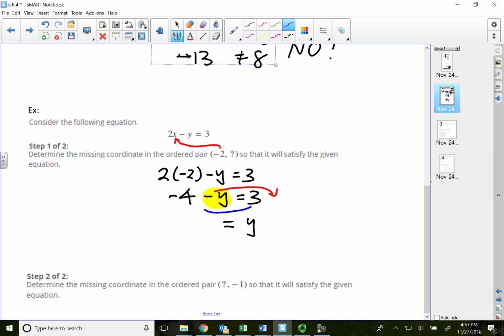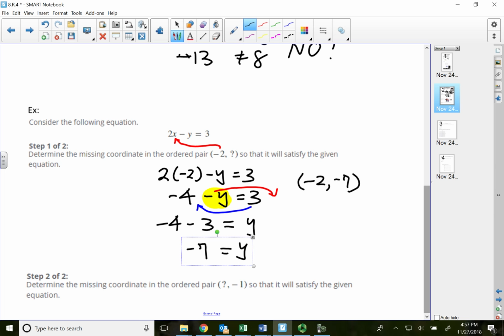At the same time, I'm going to move my positive 3 over to the left side. On the left side, negative 4 is still negative 4, and when positive 3 comes over to the left side, it becomes negative. So let's combine negative 4 minus 3. If you put that in your calculator, y is equal to negative 7. So that means this question mark here is now negative 7. So this particular point, negative 2 for x and y is negative 7, will satisfy the equation of the line. Therefore, this point will be on the line.